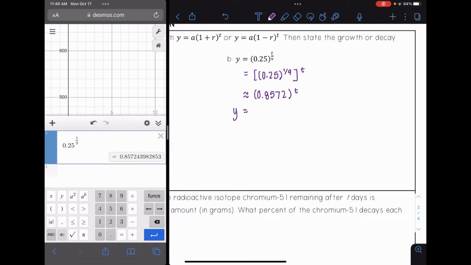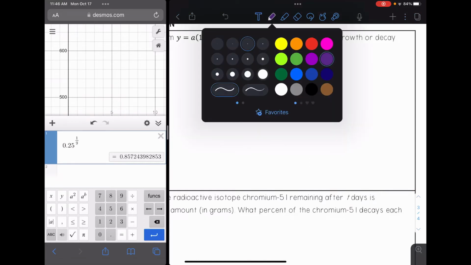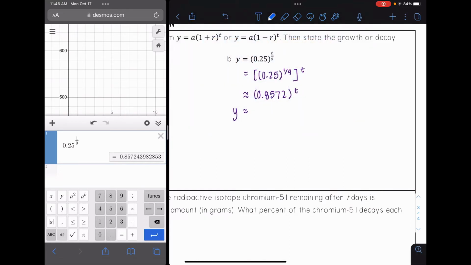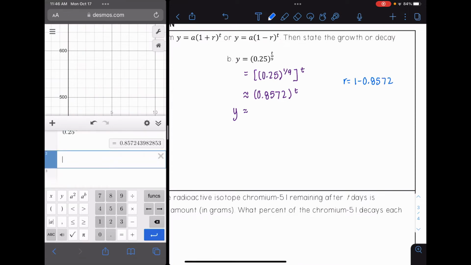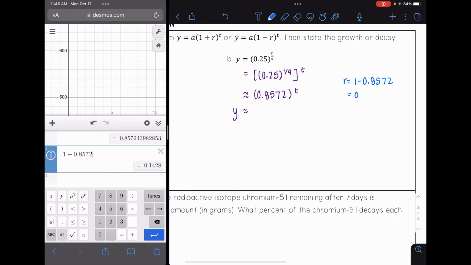Now I need to write this as 1 plus or 1 minus. Since this is less than 1, it's going to be 1 minus, so I know that r is just going to equal 1 minus 0.8572. If I do that, I get 0.1428.